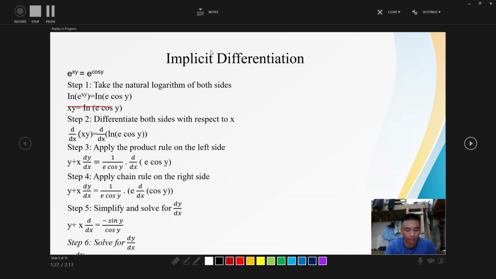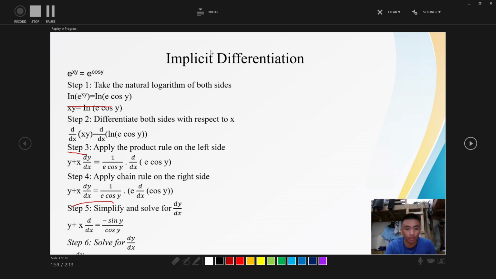The product rule is d/dx of uv equals u' times v plus u times v'. After applying the product rule on the left side, step 4 applies the chain rule to the right side. After applying both rules, this simplifies to this and we solve for dy/dx.